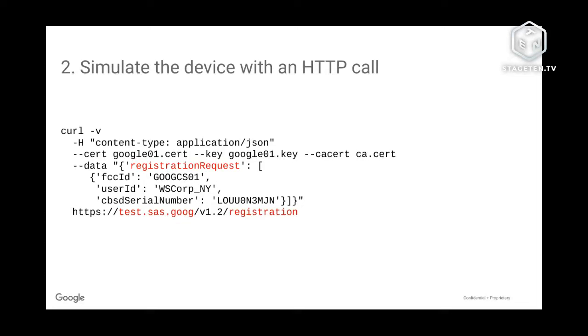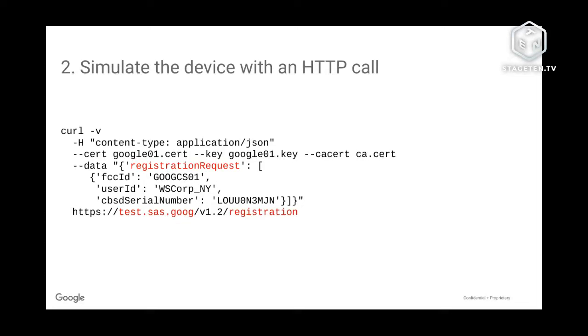This curl command, which is a command run in a bash shell, gives you an example of what you would send to the test SAS in order to simulate a device. You'll notice that under the data argument, in red, I've highlighted that we're issuing a registration request.